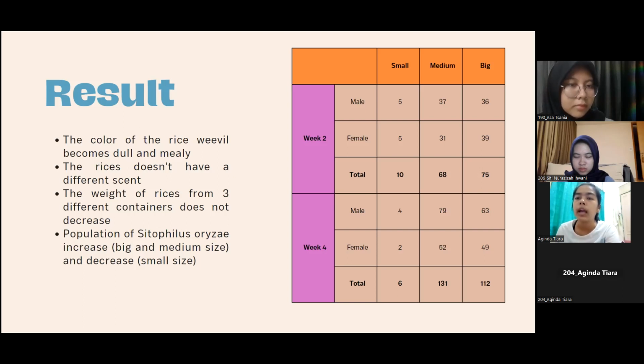In total, in the small container there are 10, in the medium container there are 68, and in the big container 75.